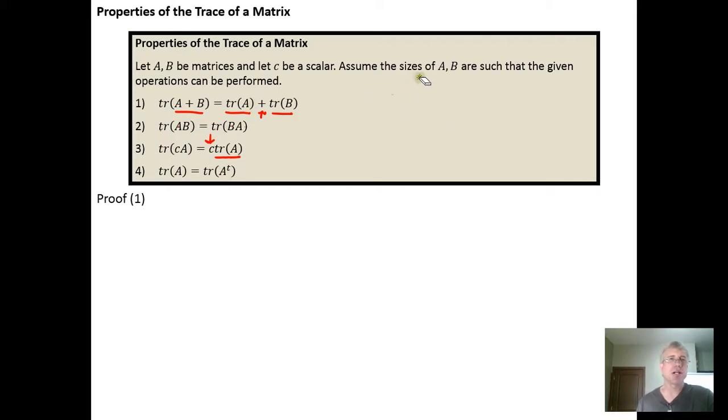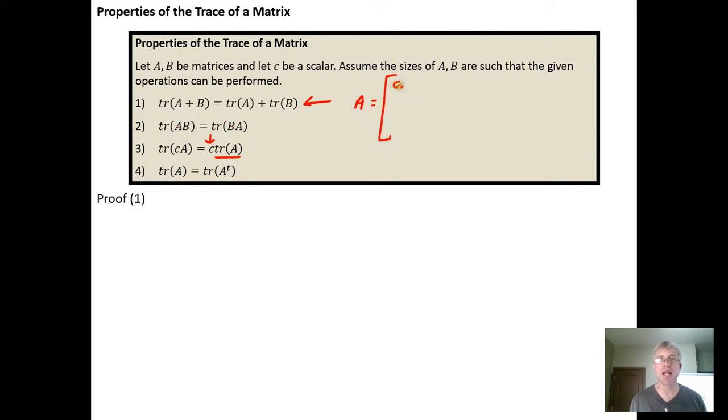So let's say we were trying to prove property 1. One thing I think is handy to do sometimes is just to think about what things look like. For example, if you have matrix A and you know the trace of A is the sum of the diagonal elements, it could be useful to think about what the diagonal elements look like.